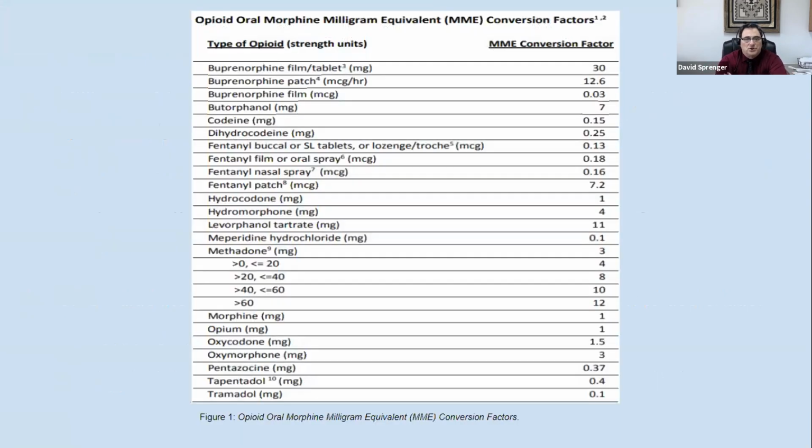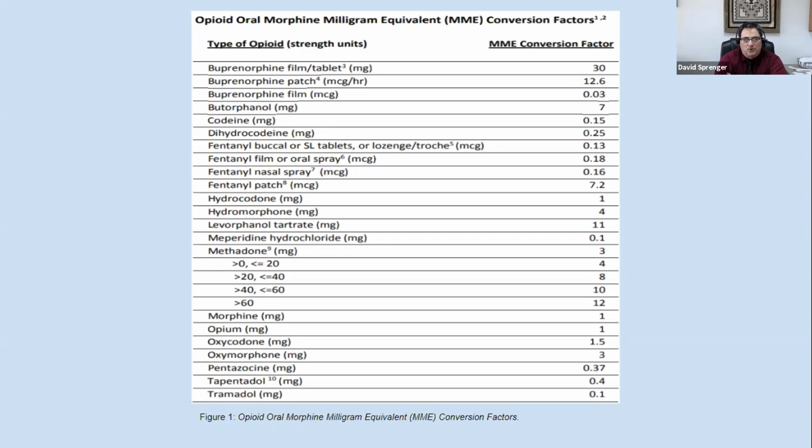So here are some conversions. In general, 1 milligram of the buprenorphine film or tablet is equivalent to 30 milligrams of morphine equivalent. So if you start a patient on 4 milligrams, which is the standard induction dose, that is the analgesic equivalent of 120 morphine equivalents.